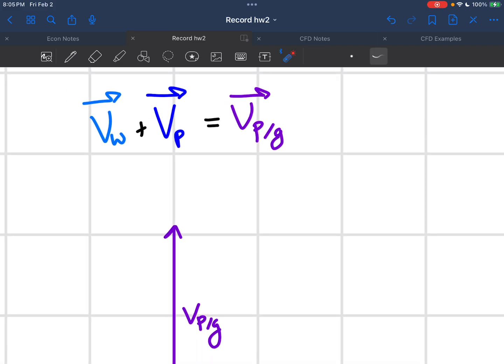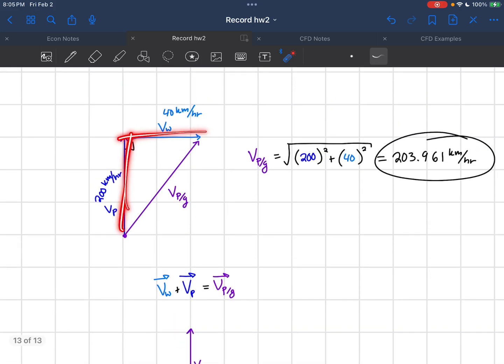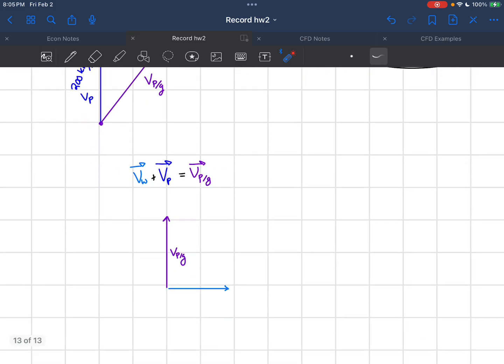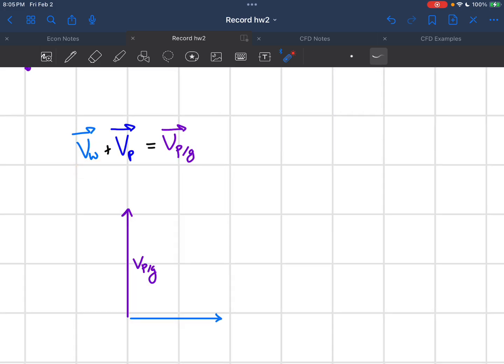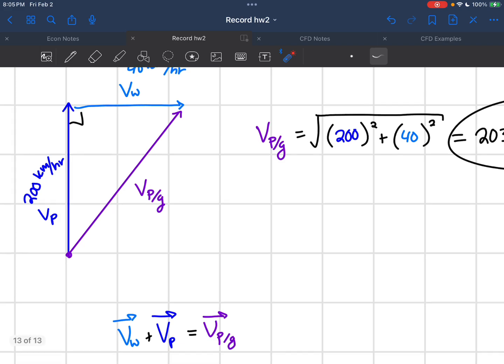So what I have to do is, if I'm starting with v wind, before I started with v plane, it doesn't matter what order I add them in, but if I'm starting with v wind, I know that my resultant vector will start in the same place that the first vector I'm adding does. Because I add my first vector and I add my second, and my resultant starts where the first one started and ends where the second one ends. And I know that the second vector starts where the first one ended and ends where the resultant ends.